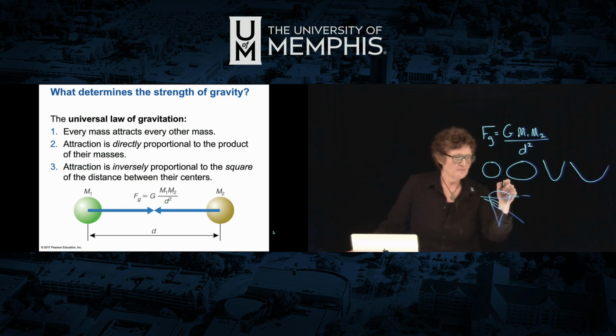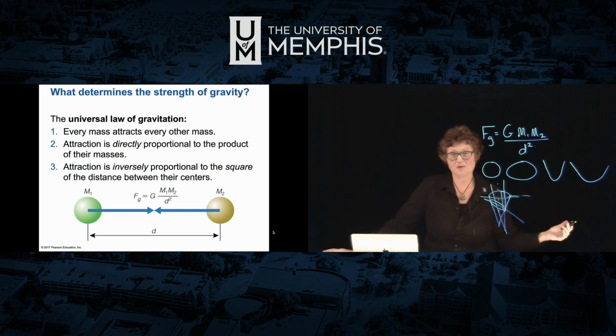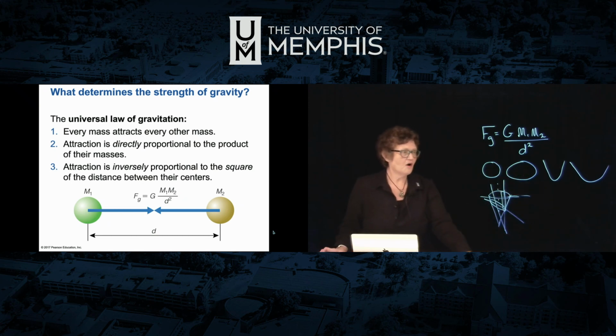If you were to cut parallel to the central axis, you would have a parabola. And if you cut parallel to the wall of the cone, you get a hyperbola. So all of those are possible orbital shapes that we might end up with.